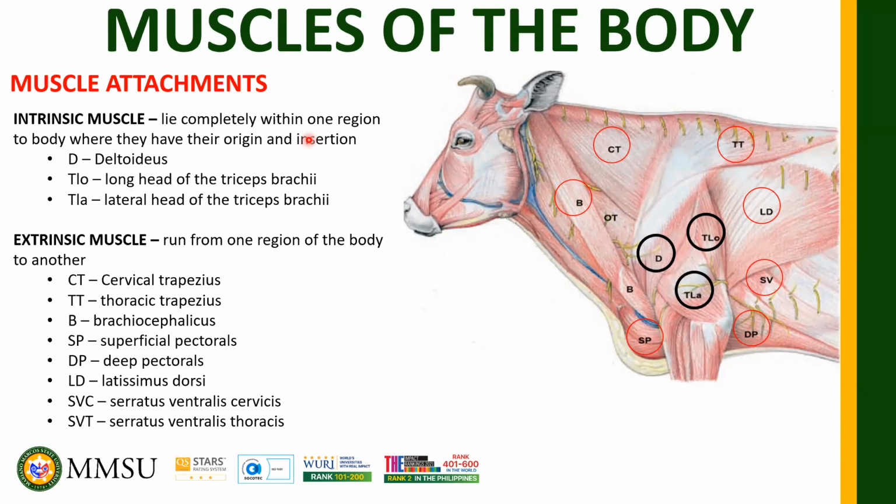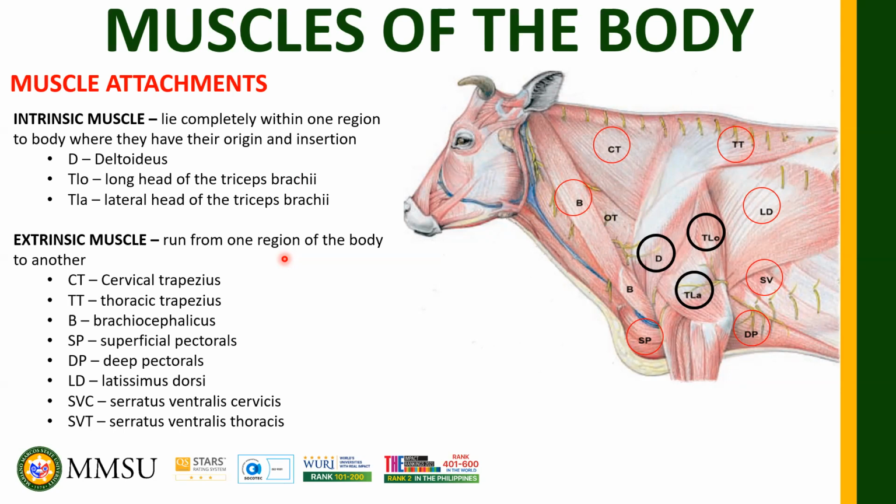So we have the deltoideus, the long head of the triceps brachii, and then the lateral head of the triceps brachii. Now, for the extrinsic muscles, usually they run from one region of the body to another. So, responsible naman sila sa pag-move or pagko-control ng body parts in a different region from where they usually originate. Okay?